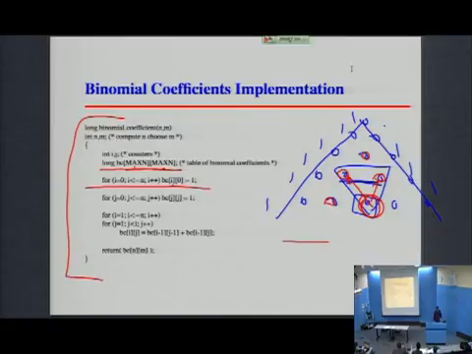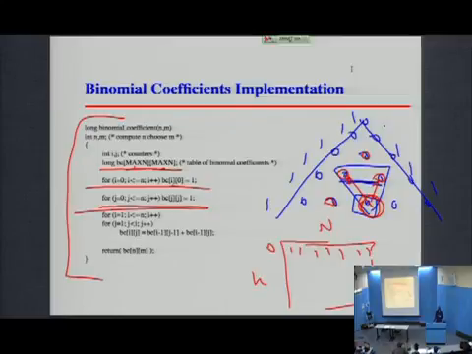If you think about my array, here's n and here's k. The first situation, where k equals 0, we said was always going to be equal to 1, regardless of what n was. The second initialization condition said that whenever j was equal to i, or n choose n, it was equal to 1. Where is this initialization in this matrix?